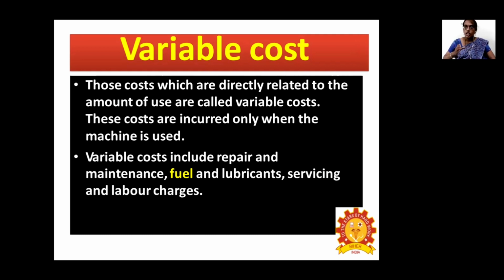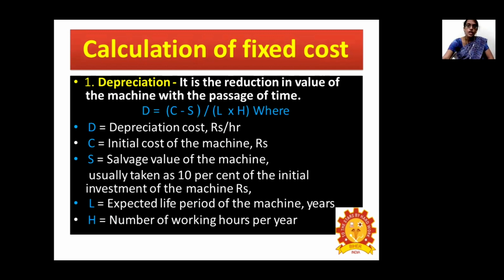This cost will vary based on implement usage. If you use the machinery, these costs are incurred only when the machine is used. Variable cost includes repair and maintenance cost, fuel and lubricant cost, servicing, and labor charges also.